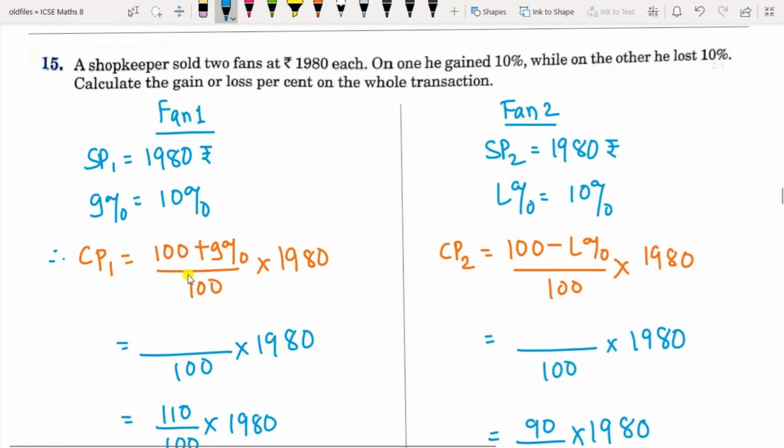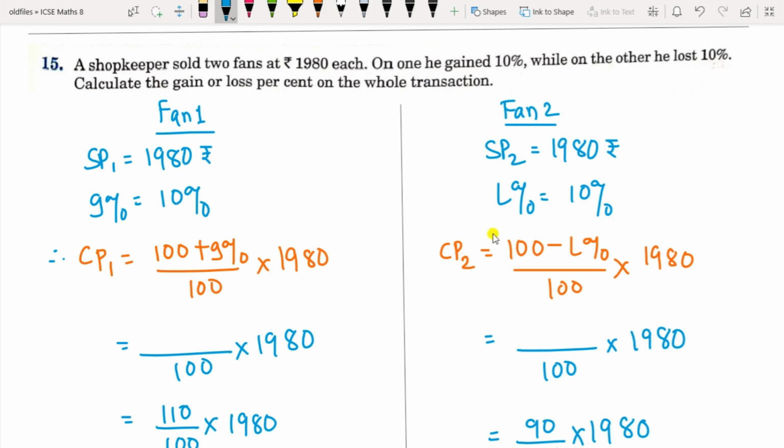Question 15. A shopkeeper sold 2 fans for 1980 each, and on one he gained 10%, on the other he lost 10%. Find the gain or loss on the whole transaction. So 2 fans are there. For each fan the selling price is 1980, and for the first fan the gain percent is 10.